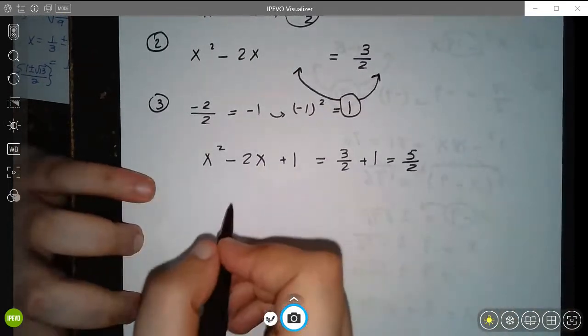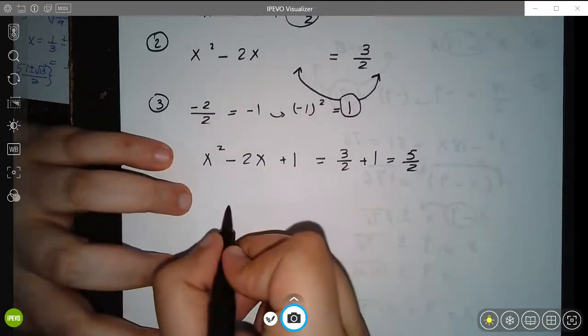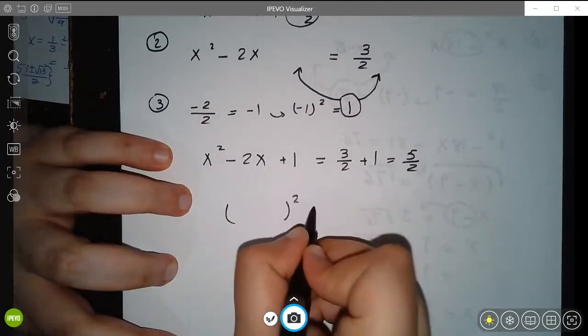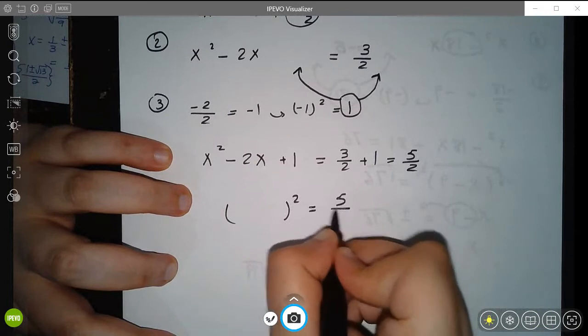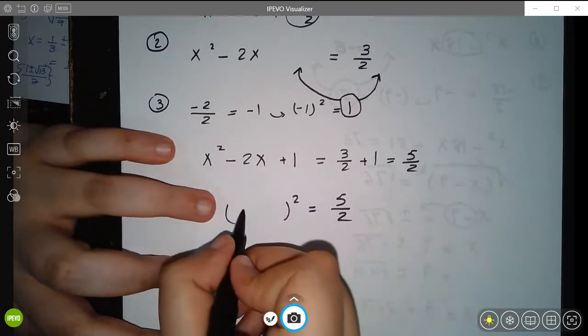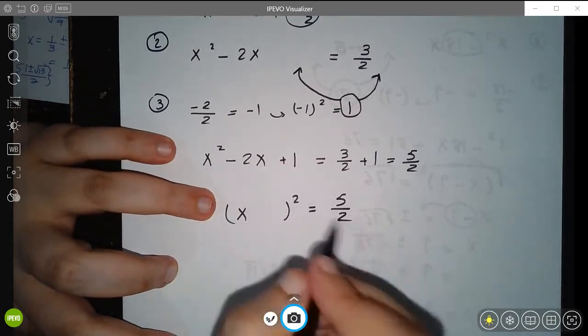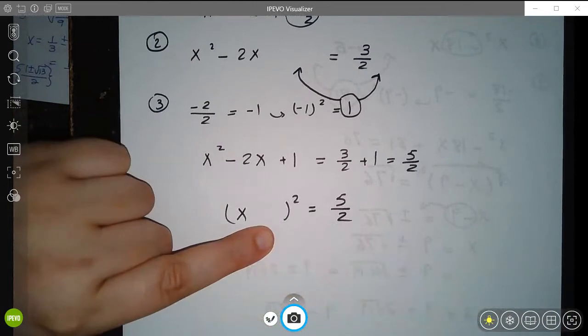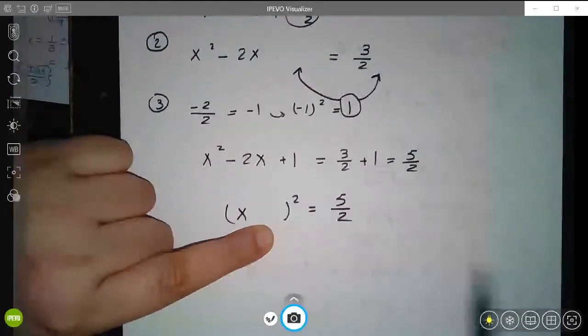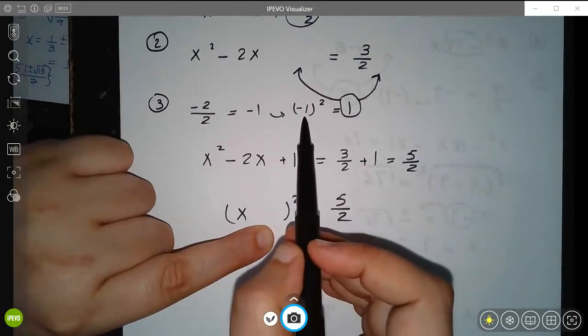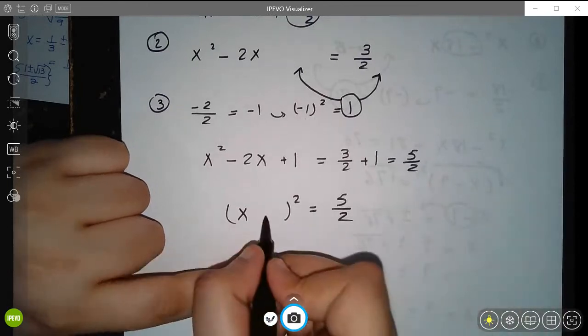Now you complete the square. Okay, I can write this in the form of a complete square now. 5 over 2. So what goes in here? First term is the x, that's easy. Now what number do I write down? It's going to be the number I squared, right? That one. So it's a negative 1.